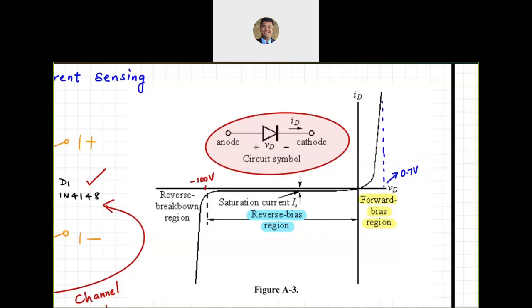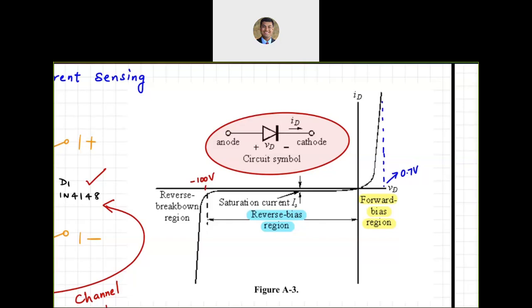So the reverse biased region is where the voltage across the diode is negative, anywhere between -100 to 0, if that diode is the 4148. It is slightly different when we talk about the Zener diode. More details to come later. And what happens at that -100 voltage?